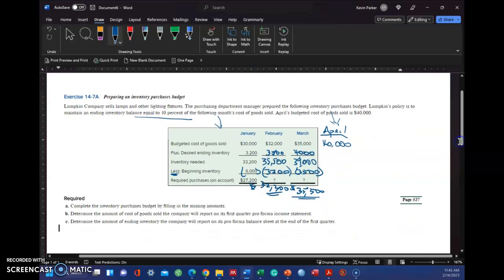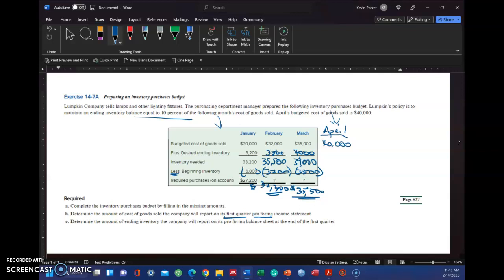Now, B says, determine the cost of goods sold the company will report on its first quarter pro forma income statement. As you have learned, pro forma is basically our operational statements: balance sheet, income statement. So it's asking for part of the budgeted income statement. An income statement reflects changes over a period of time, and the period of time is the first quarter.